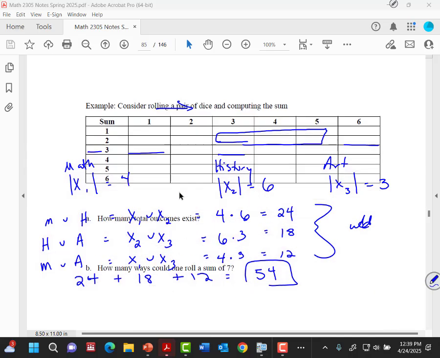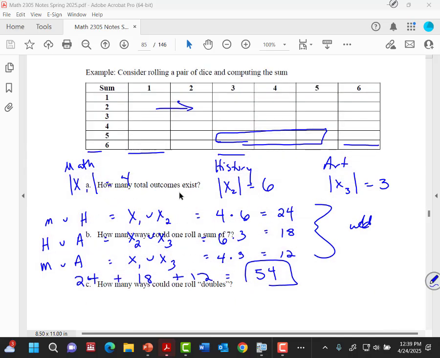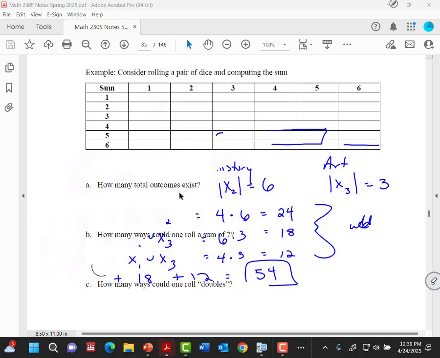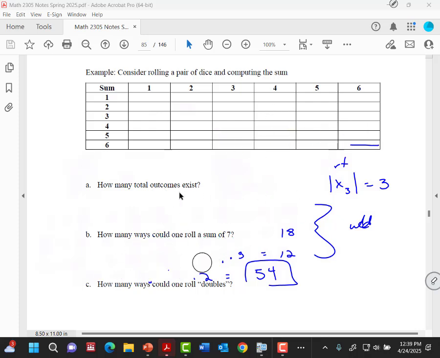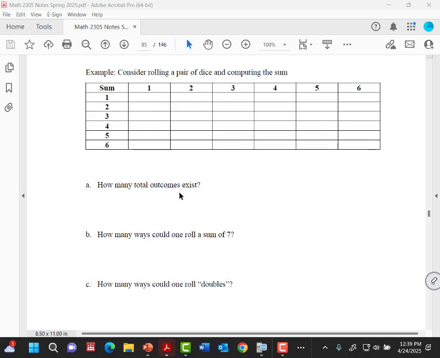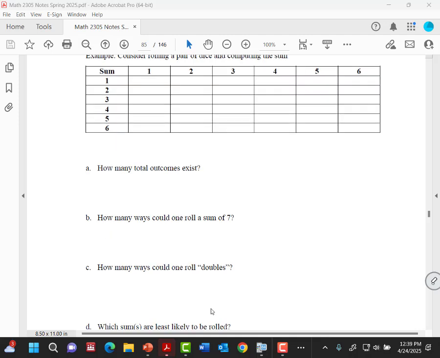Let's move on and take a look at this table right here, and let's consider rolling a pair of dice and computing the sum. So I've got a pair of dice, so die 1, 1 through 6, die 2, 1 through 6. I'm going to roll these dice and I'm going to compute the sum. That's often what we do when we roll a pair of dice.